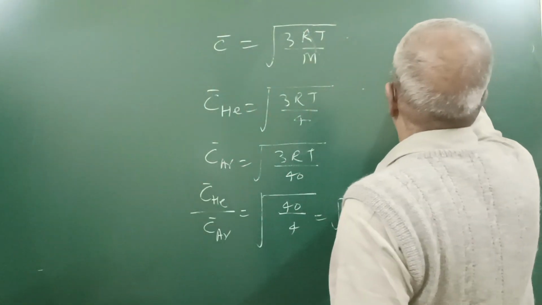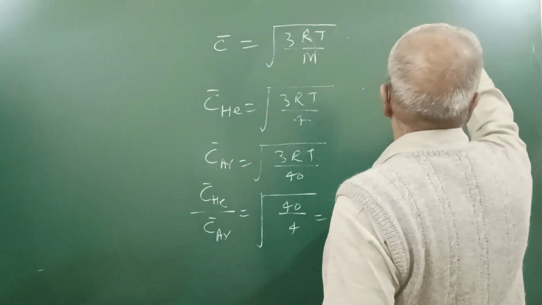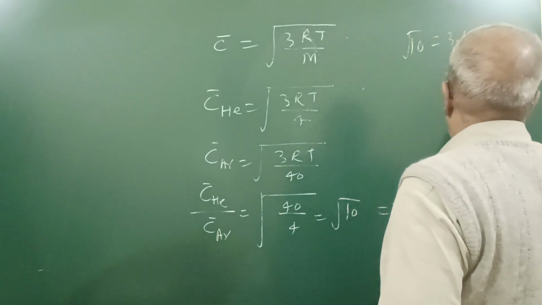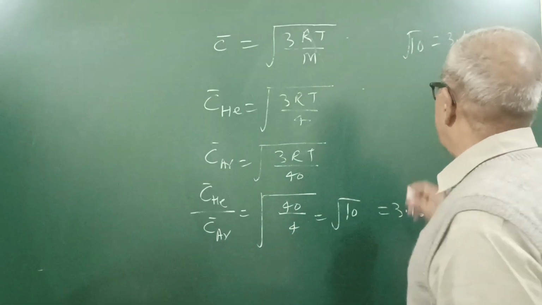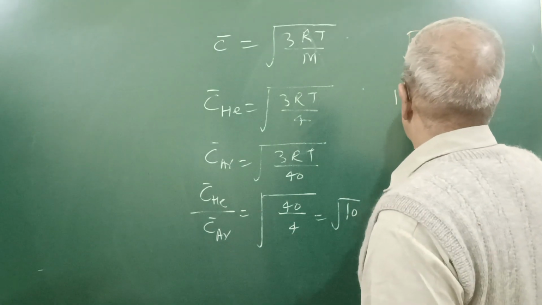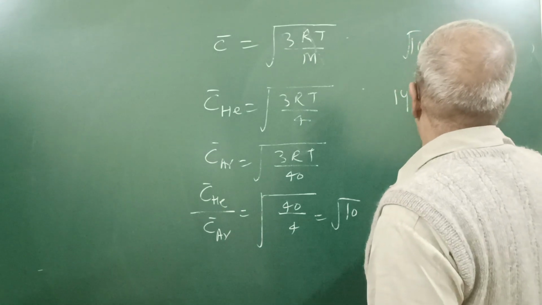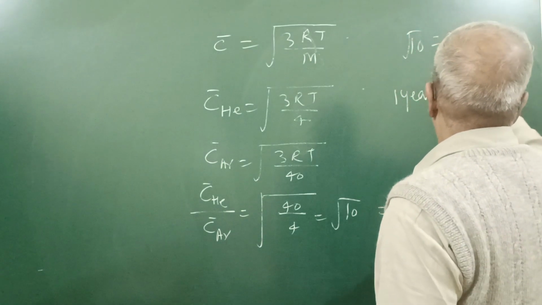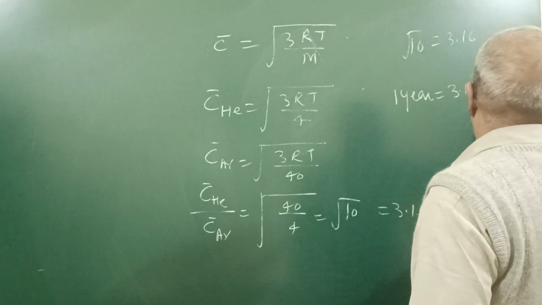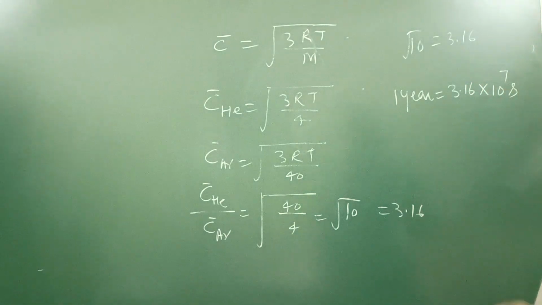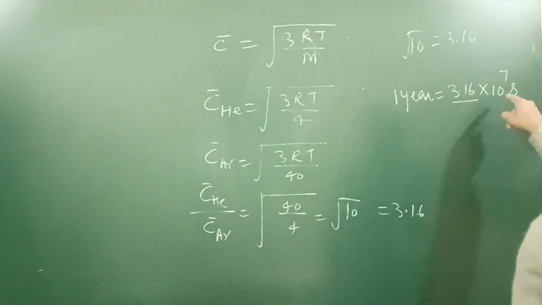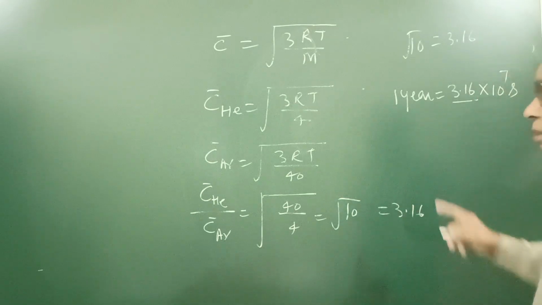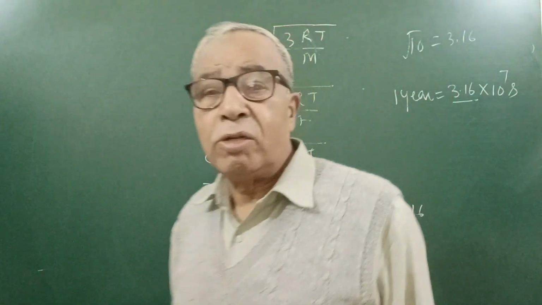Root 10 is 3.16. And here I am telling you, unnecessarily, that 1 year is how many seconds? 3.16 into 10 to the power 7 seconds. I have learned it: it is root 10, 6 plus 1, 7. If you multiply, you will get this.